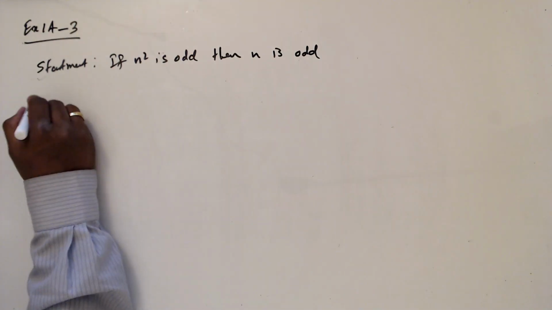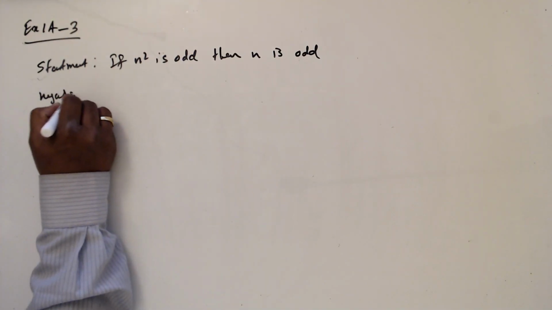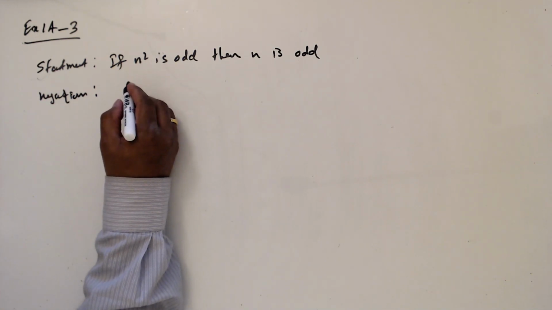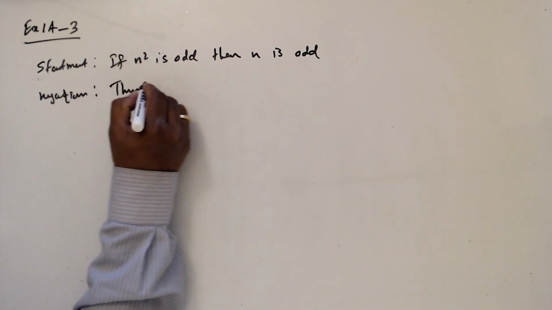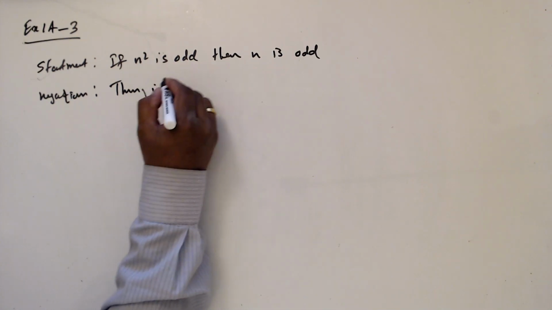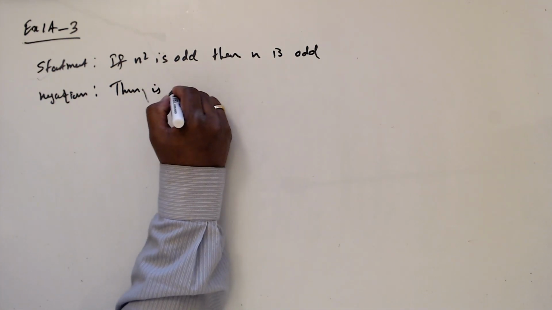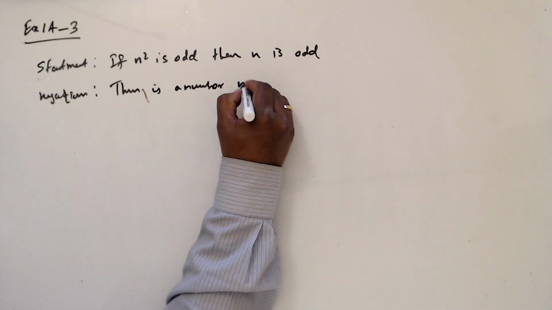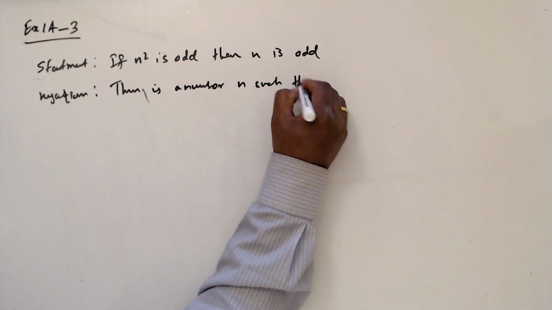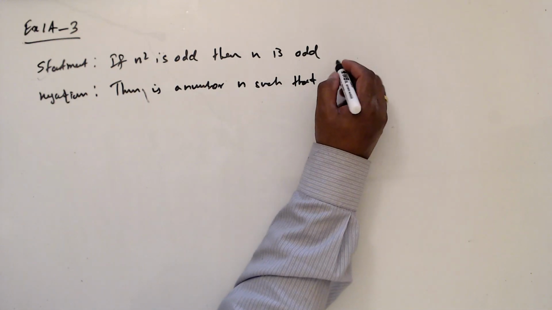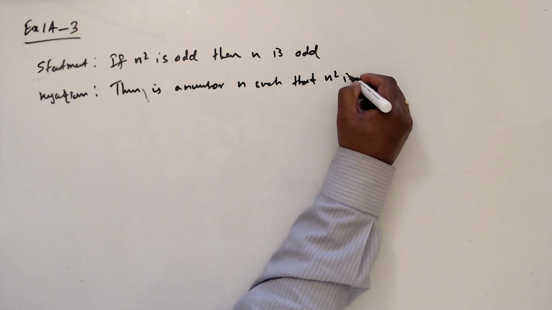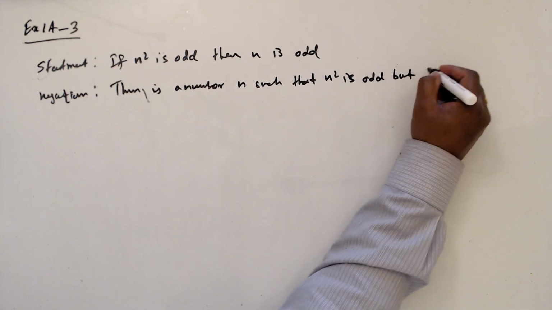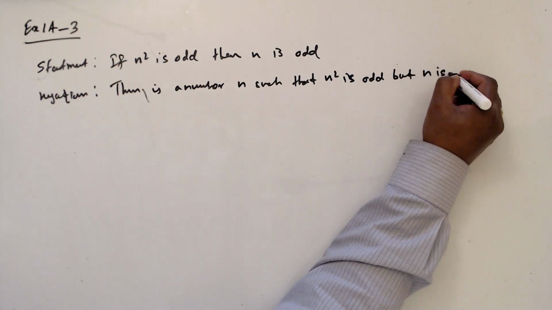In the same way, for the negation we can write there is a number n such that n square is odd but n is even.